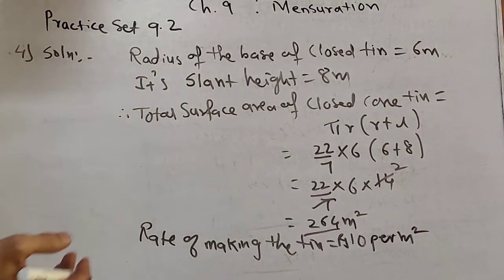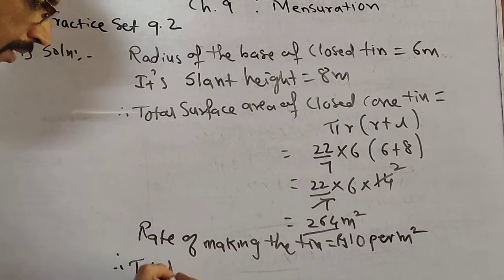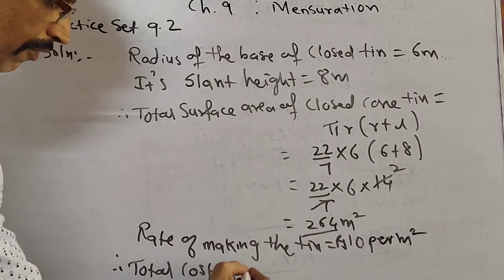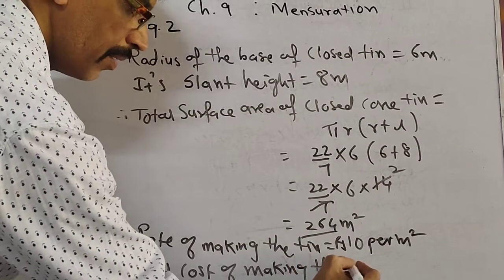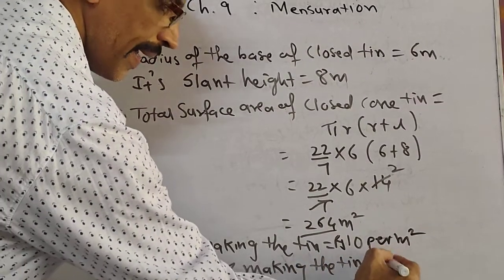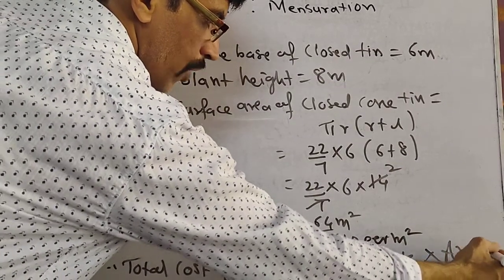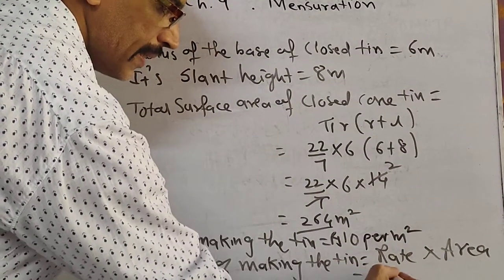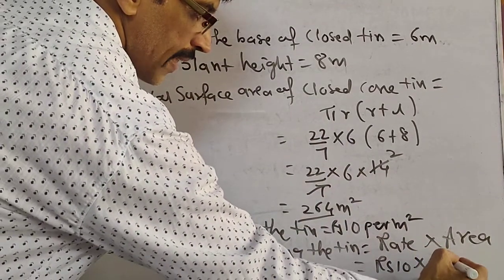Its area is 264. Therefore, total cost of making the tin will be rate into area. Rate is rupees 10. Area is 264.